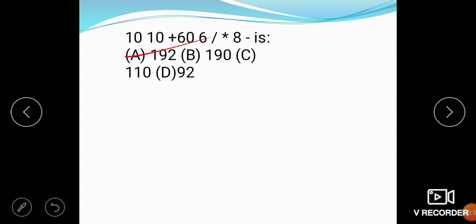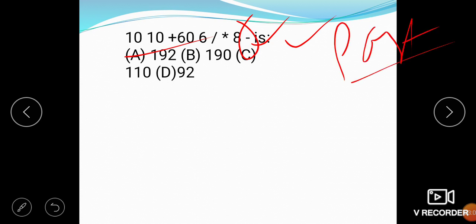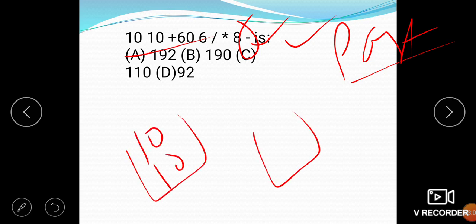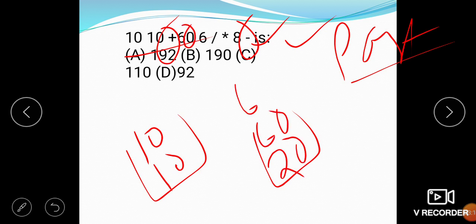Now next is this. You have to evaluate this, because here the last node is the operator, so this means postorder. Fine. First push 10 and 10, then the addition operator, so you get 20. Next push 60, then 6, then the division operator. Remember that 60 is inserted first.